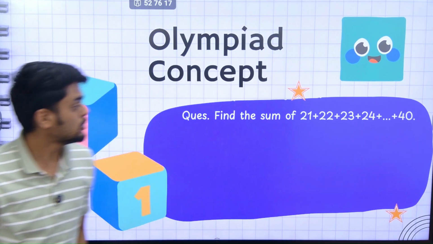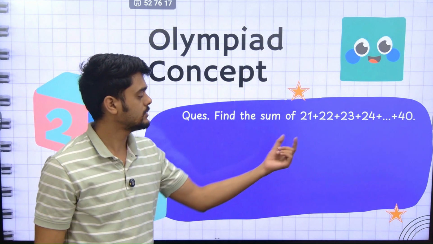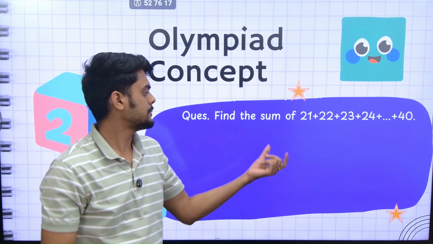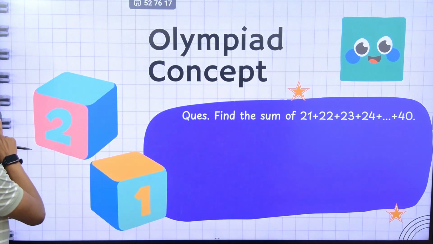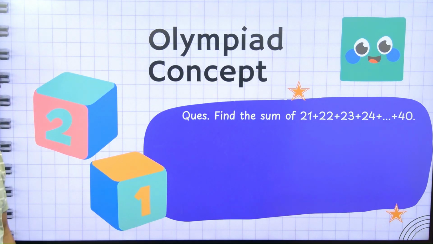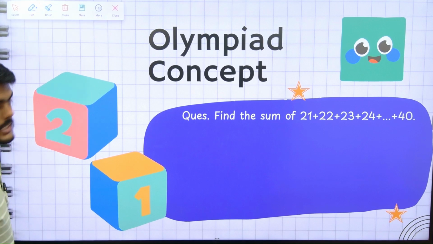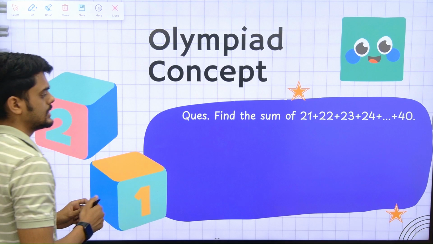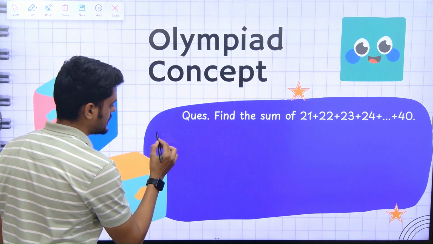Okay, moving ahead, let's see another pattern. We have another pattern over here, and it states that you need to calculate the sum of now 20 numbers from 21 to 40. Now, how many terms do you have? You have 20 consecutive numbers. In this you need to do nothing, just follow some beautiful steps and you will get your answer.